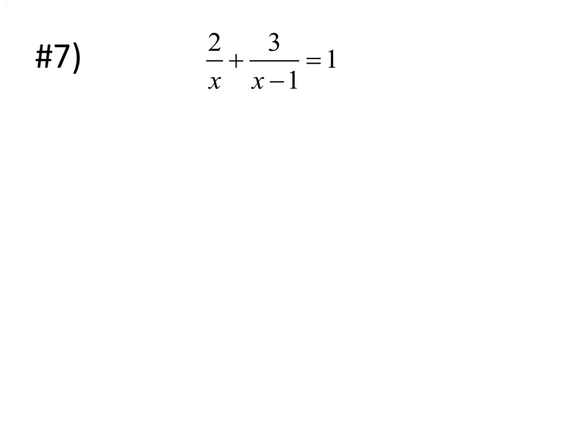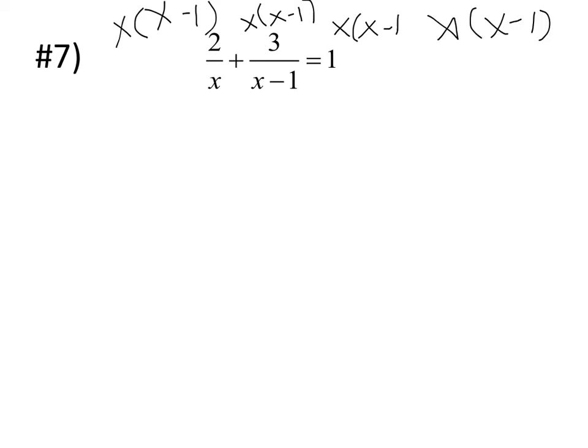All right, in this problem we're going to have to find our LCD. So our LCD is going to be x times x minus 1. So you multiply x times x minus 1 times every piece of the equation. This x and this x cancel.